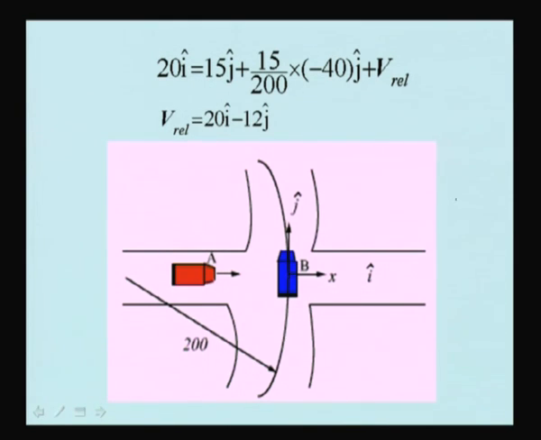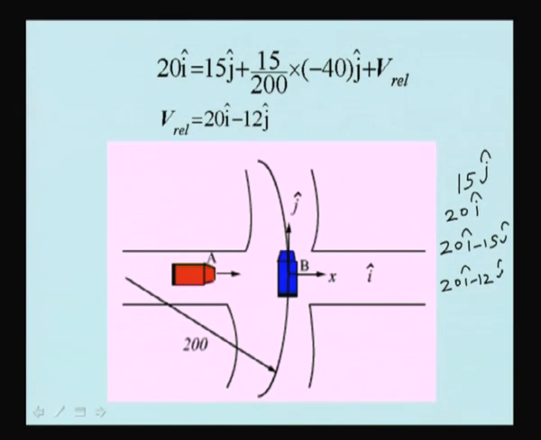Remember, car B was having the velocity of 15j and car A was having the velocity 20i, but the relative velocity did not come 20i minus 15j. Instead, it is coming 20i minus 12j.